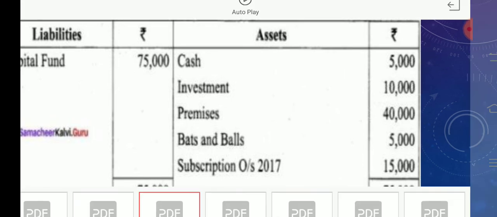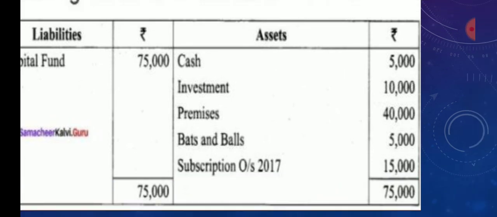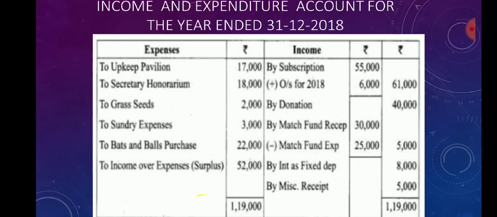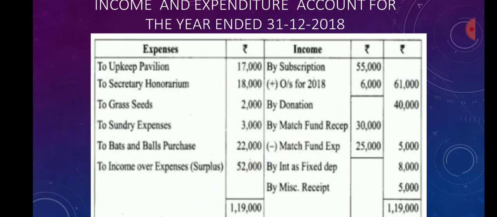Then secondly, prepare the income and expenditure account for the year ended 31st December 2018. In this account, we ascertain the surplus or deficit pertaining to the year 31st December 2018.